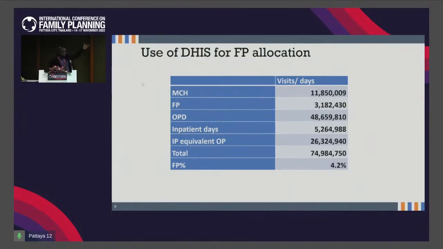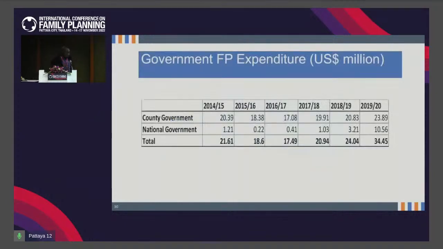And then we get a ratio of FP visits in the total to give us, it's a crude measure. It's not really because we don't weight it, but it's a measure of what is the contribution of the total expenditure, which is shared for FP.